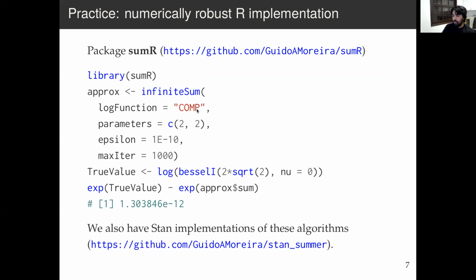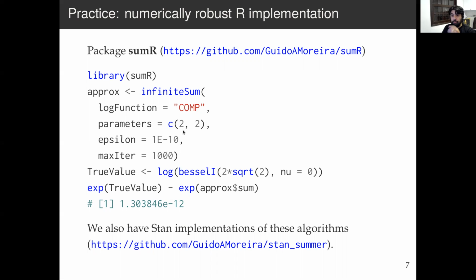And what we're doing here is calling this precompiled function, and we are giving it the parameters mu equals 2 and nu equals 2. And we are asking for an approximation of the true value, right, within 10 to the minus 10, and we are specifying 1,000 maximum iterations.